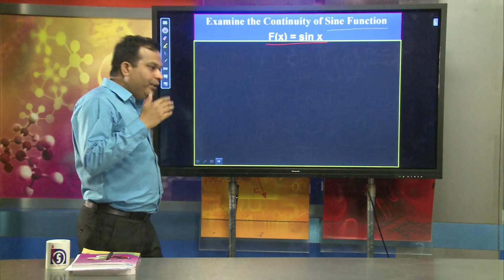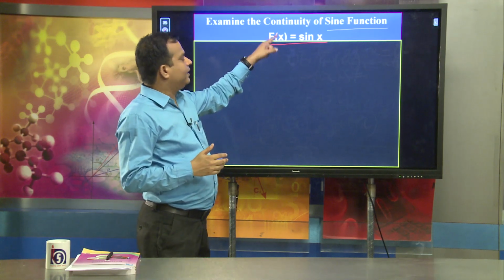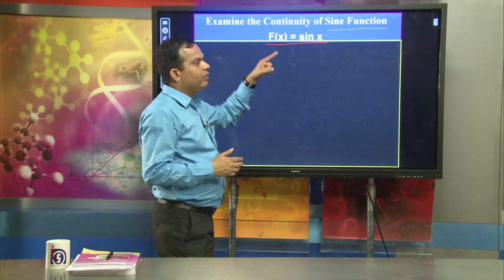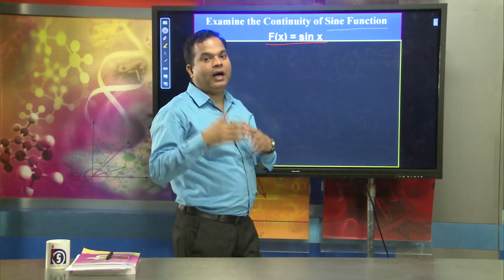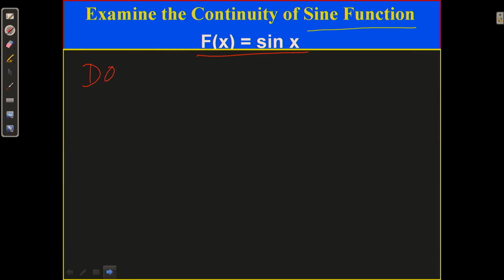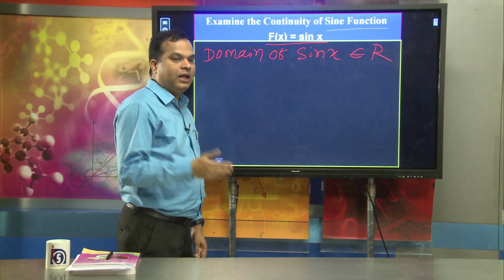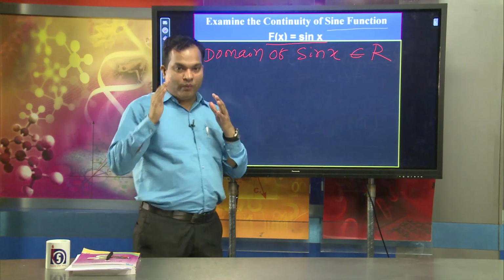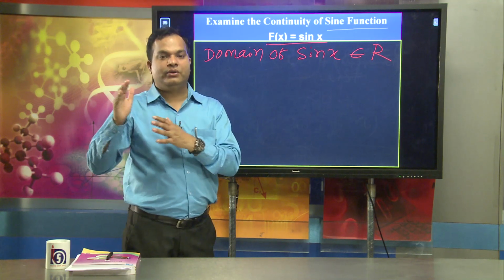Okay. And you know that for the function f of x equal to sine x, the domain of sine x is all real numbers, that is, the domain of sine x is an element of R. That means all domains are real numbers, and suppose we take arbitrarily one point, that is x equal to a.